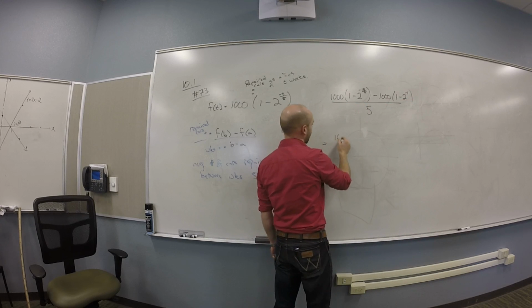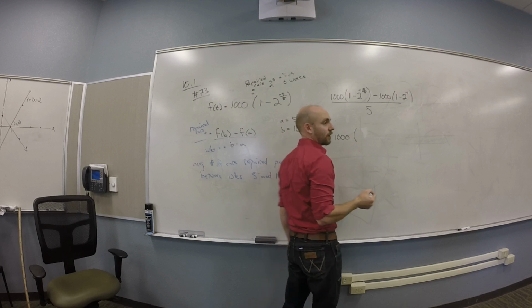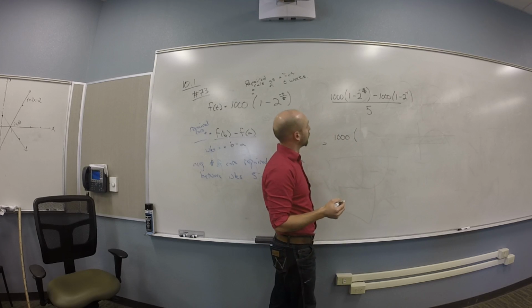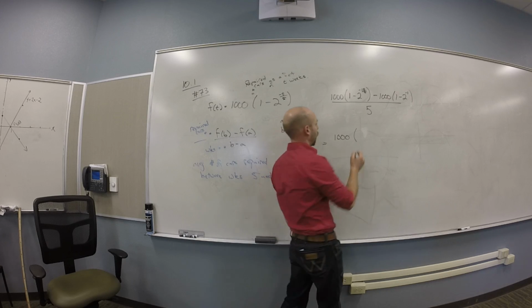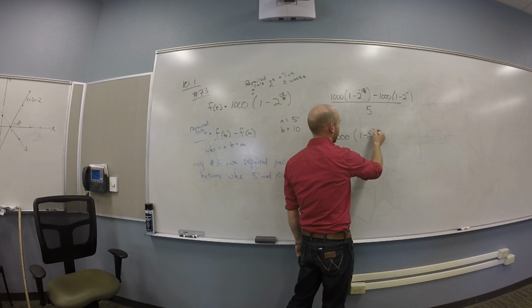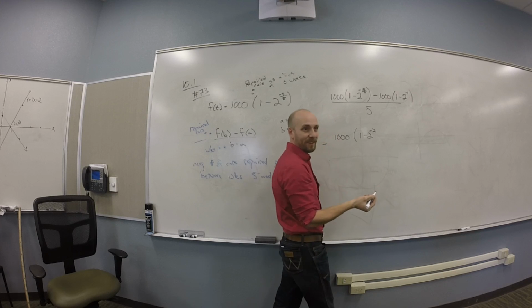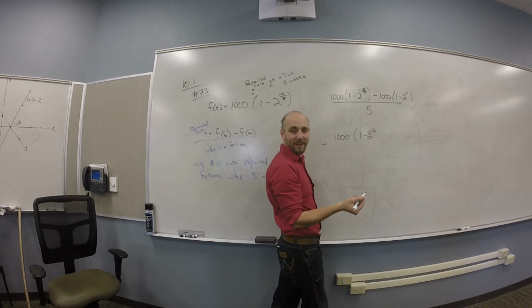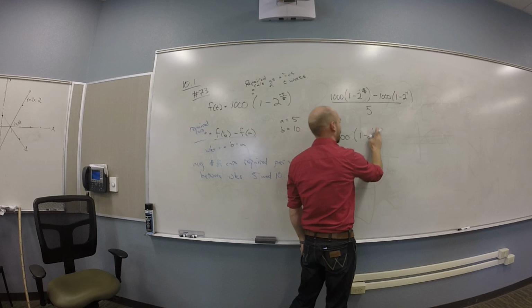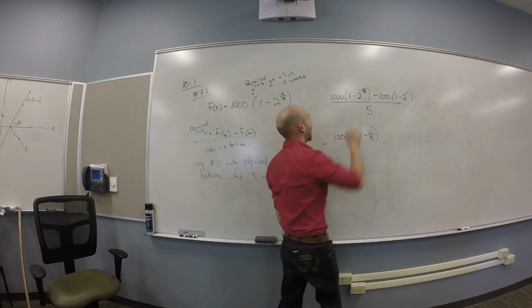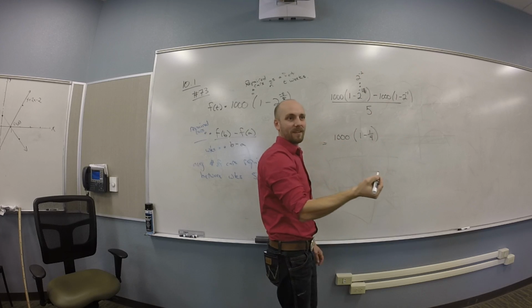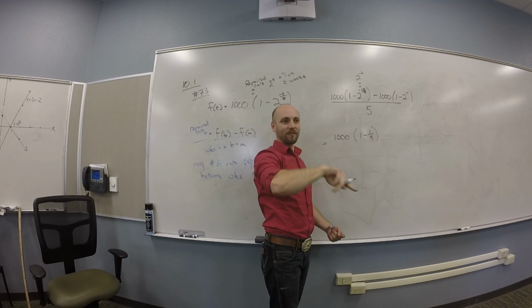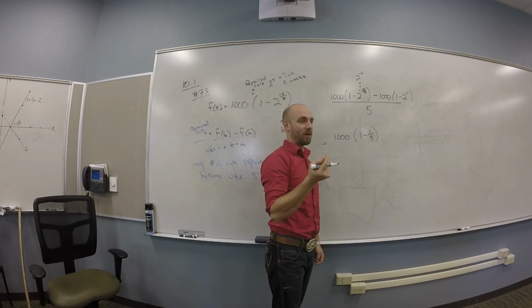Okay, so I got 1,000 times 1 minus 2 to the minus 2. What's 2 to the minus 2? 1/4. Right, a minus means it goes in the bottom, and 2 squared is 4.